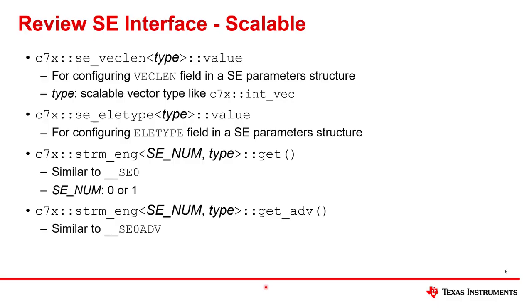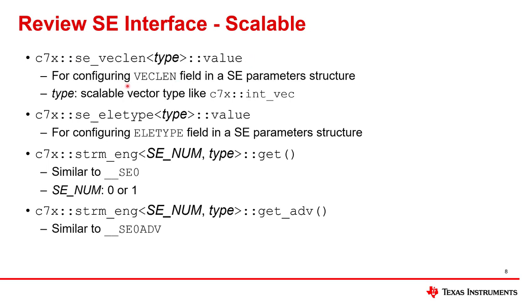I want to review the interface for working with the SE with scalable vectors. The first one is this one, C7X SE VecLen, and its input is a type, and you get at it with this type traits type code.